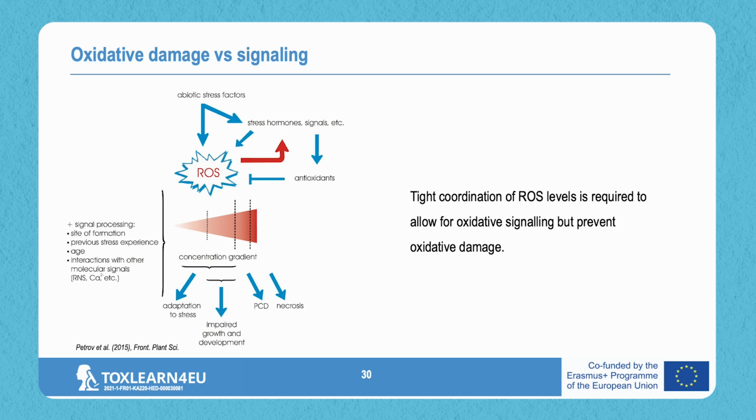Most often this goes hand in hand with an impaired growth and development, but if the stress becomes too high, we will get programmed cell death and necrosis.